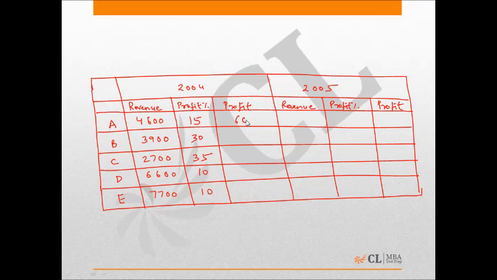So profit would be 600, 900, 700, 600, 700.